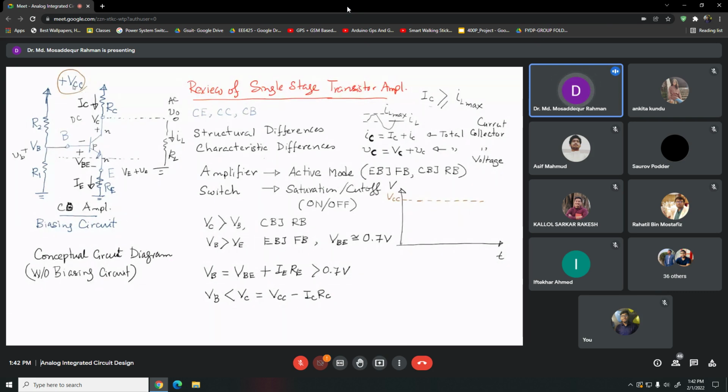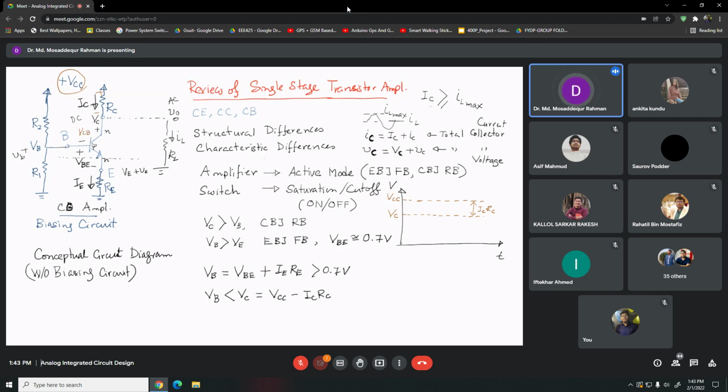Then VC will be lower than VCC by the drop in ICRC, somewhere here, our DC collector voltage VC. The difference here is ICRC. Then VB will be lower than VC by this voltage, let's say this is our VCB.